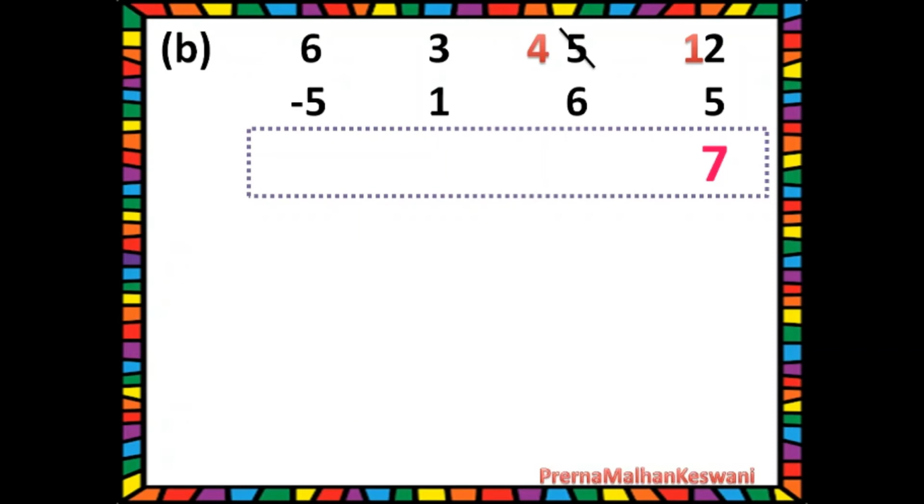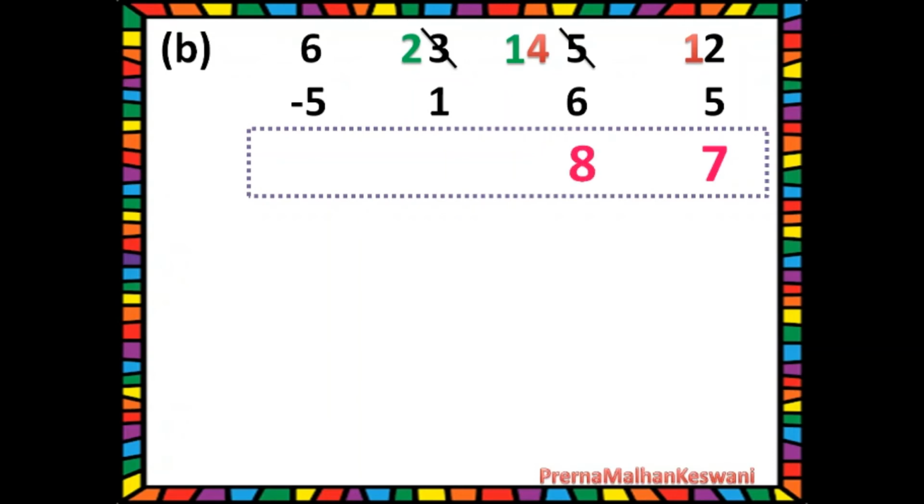Now the tens column. 4 minus 6. Again, it is more on the floor. So we will go to 3 and 3 will become 2 and we will borrow 1 from there, and this 4 will become 14. So start counting after 6 till 14. 7, 8, 9, 10, 11, 12, 13, 14. The answer will be 8.